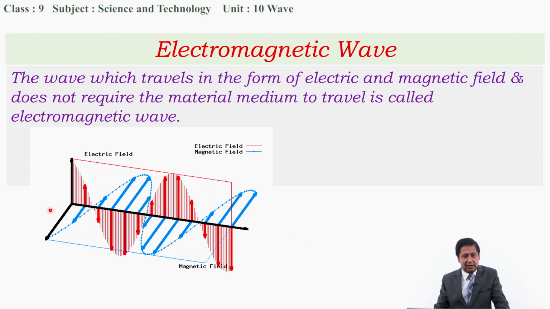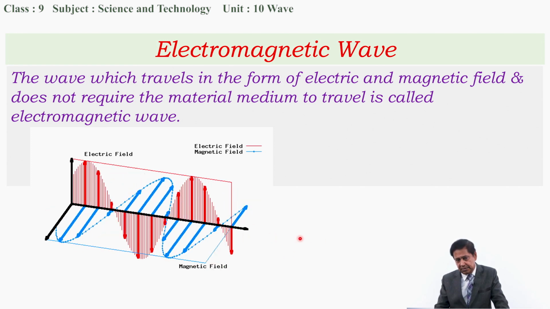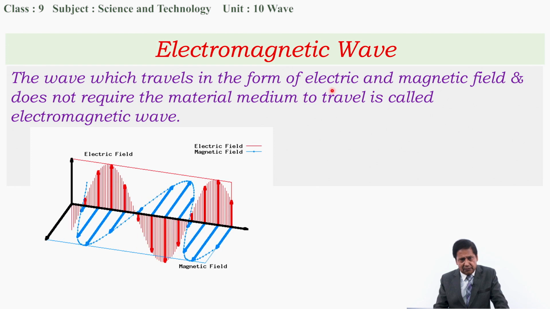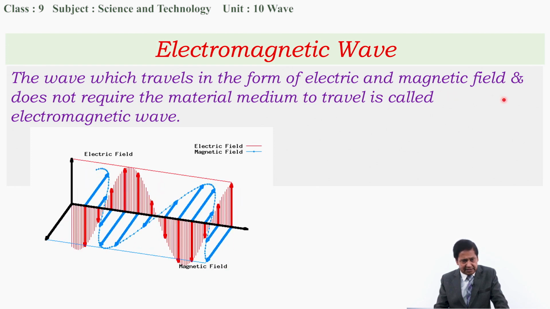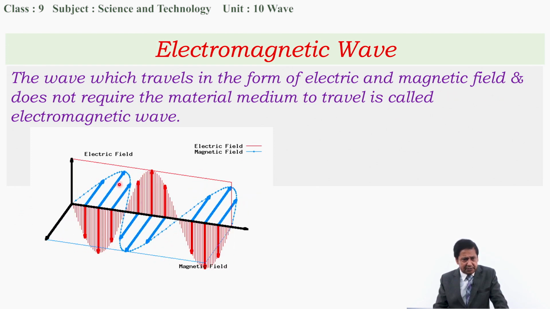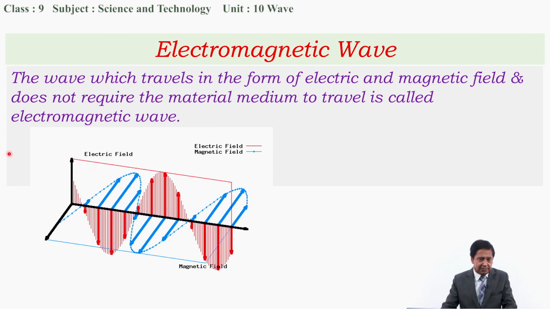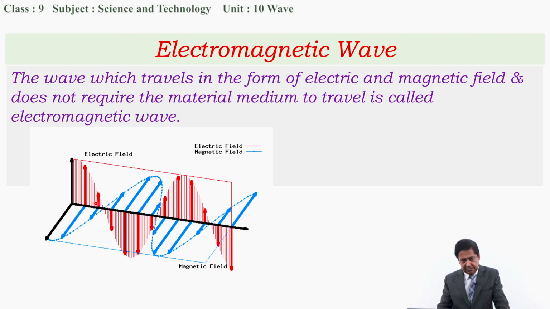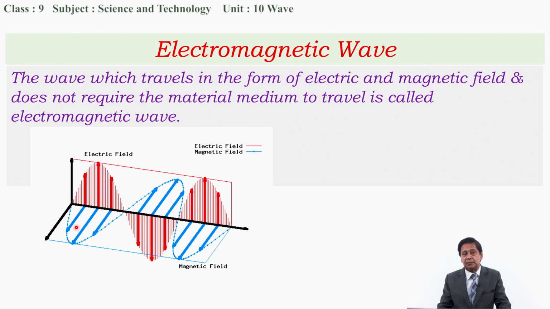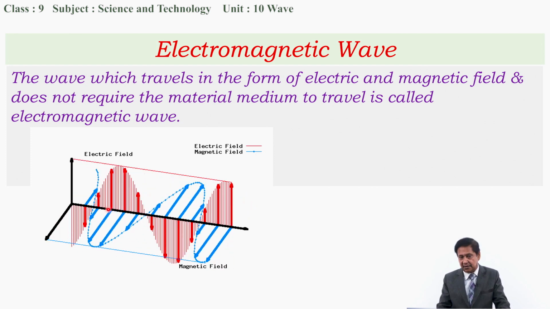It means energy is transmitted towards this direction, but in the form of electric and magnetic fields. The red part represents the electric field, the blue part represents the magnetic field, and they are at right angles to each other, and their position is changed within a fraction of a second.